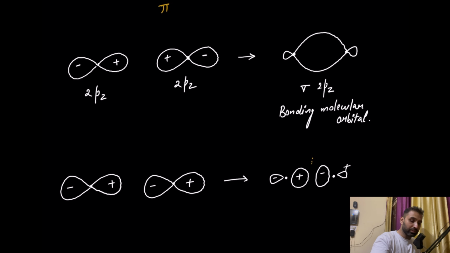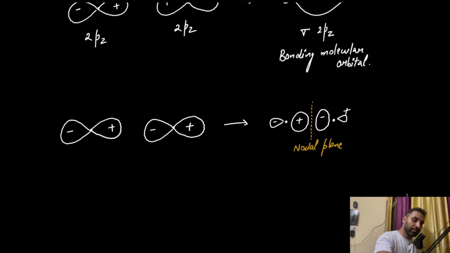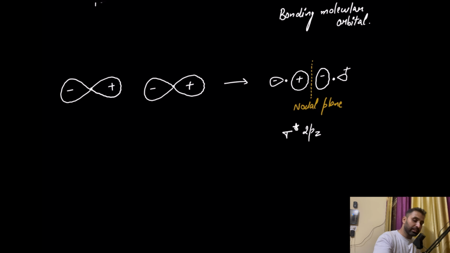Here also we got the nodal plane. And now it's sigma star 2pz, that's anti-bonding molecular orbital.